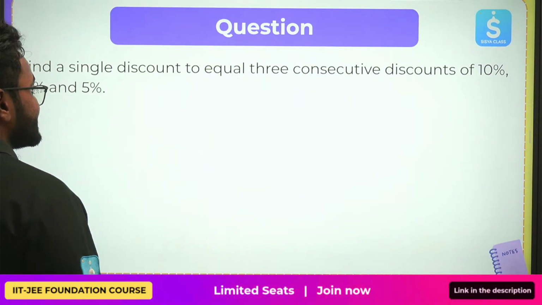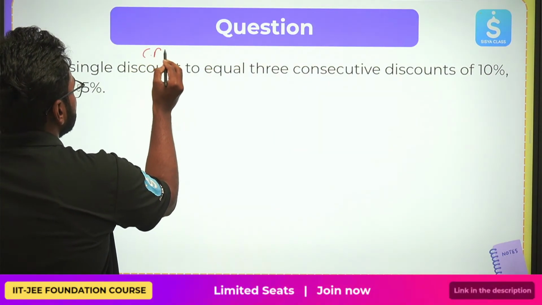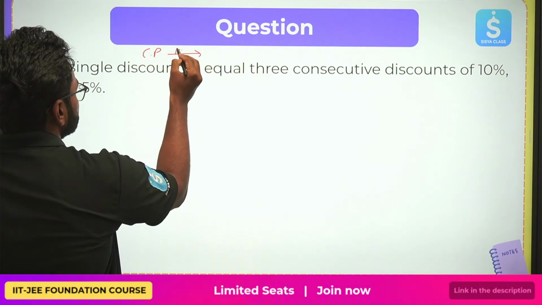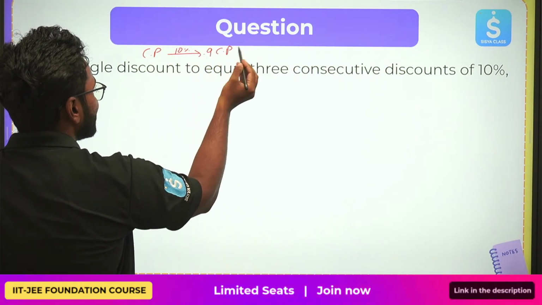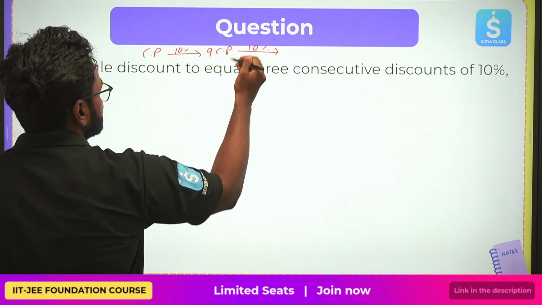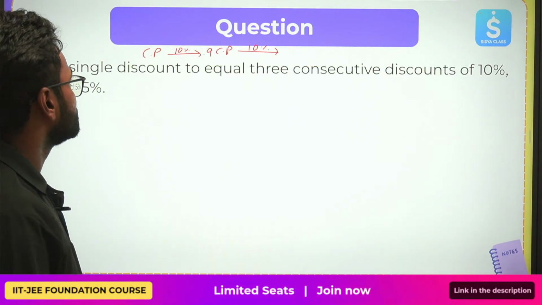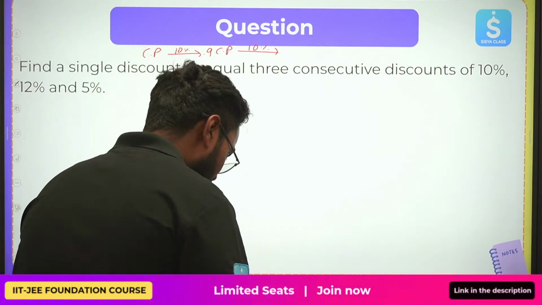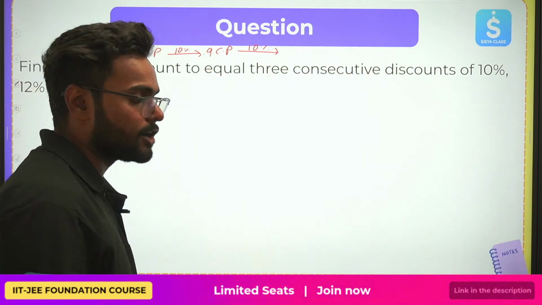Because if you see, consecutive means on one price, they are giving one discount, 10%. So this should be 0.9 CP, right? Now in this, they are again giving a discount. So you have to find out normally. Since they have not given me any money, let me take 100 rupees, right?